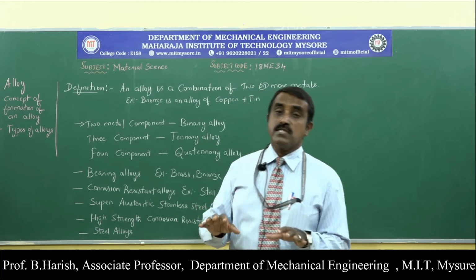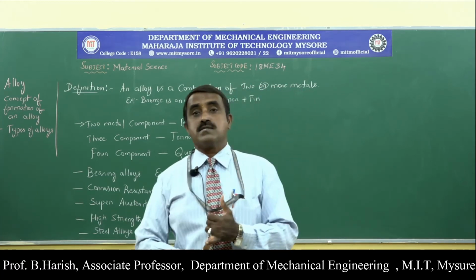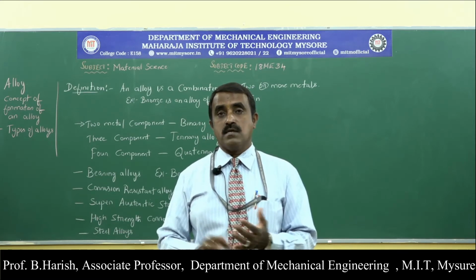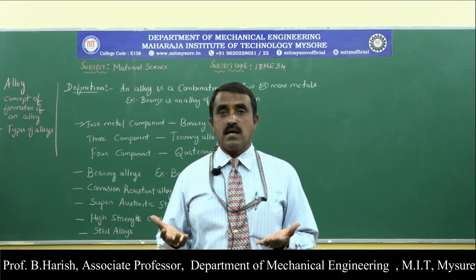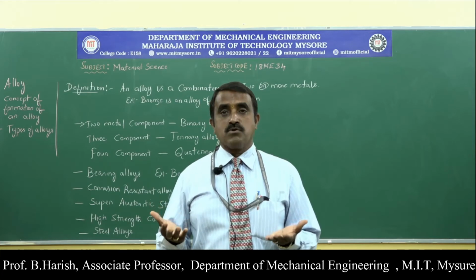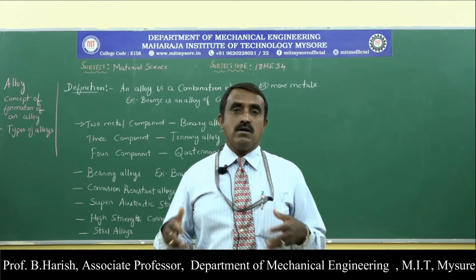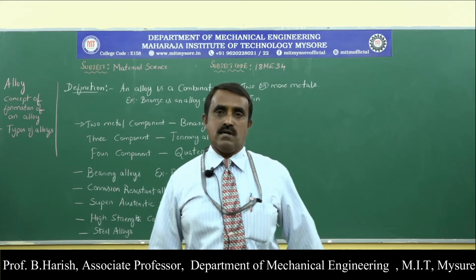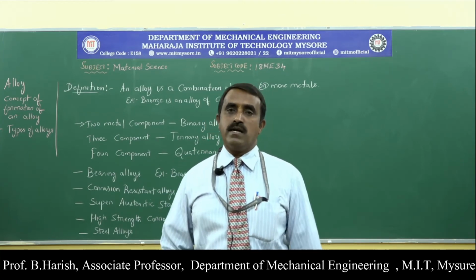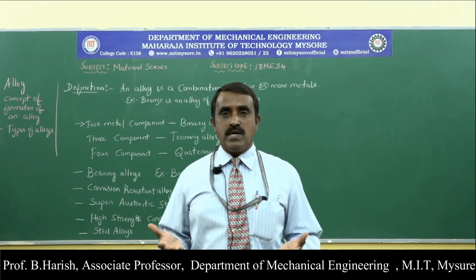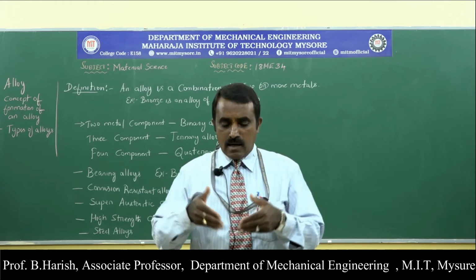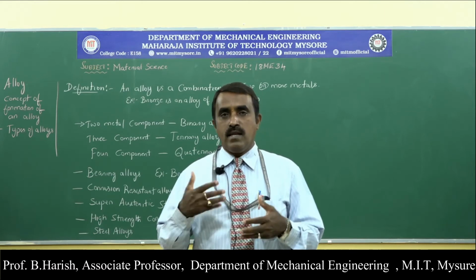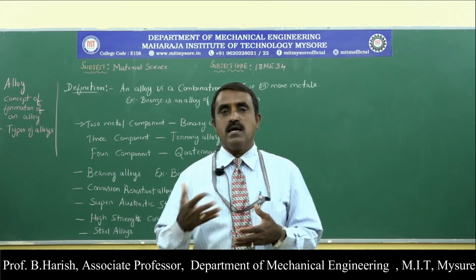That is the concept of formation, where it is combined in molten state and both the metals are heated. If it is two metals, or three metals, all of them are heated. Every metal will have its own melting temperature. Once heated, they are combined together, and when solidification takes place, we get a new metal.